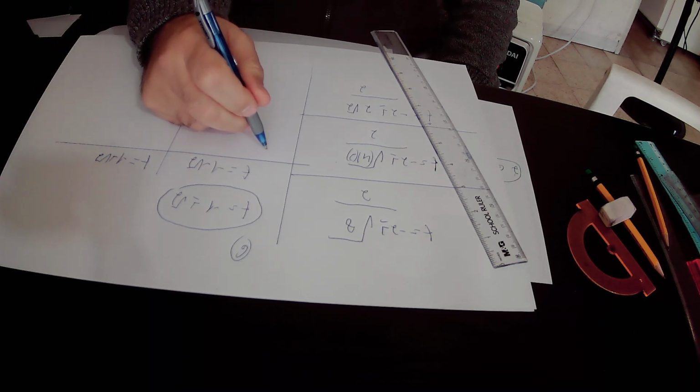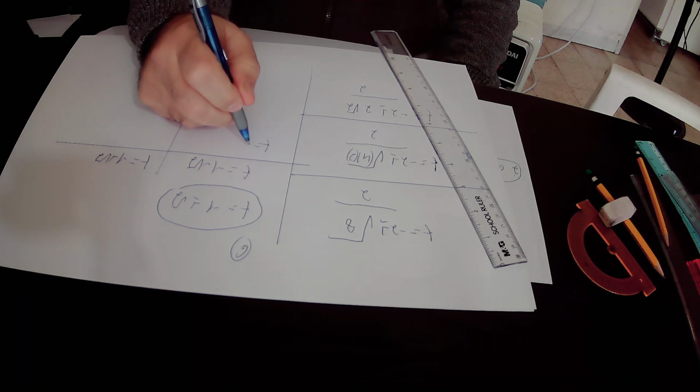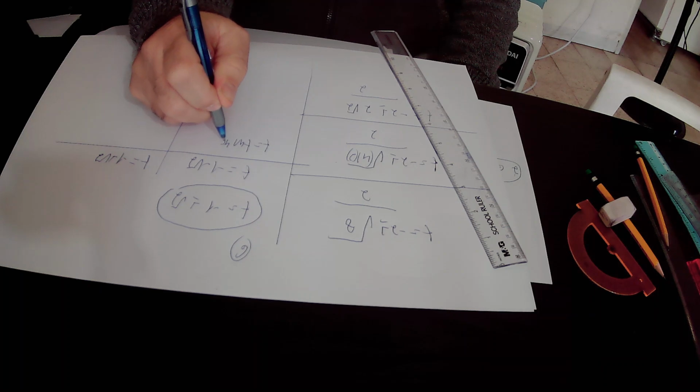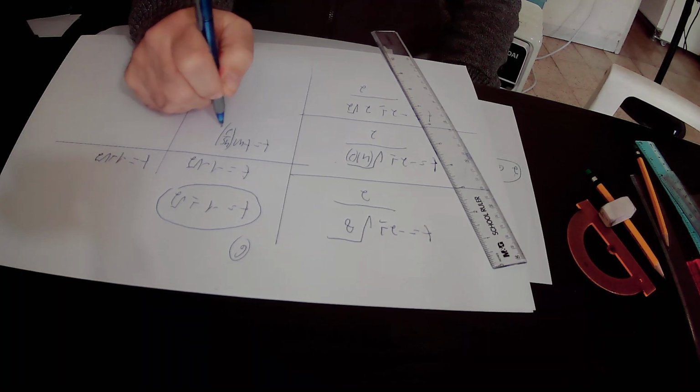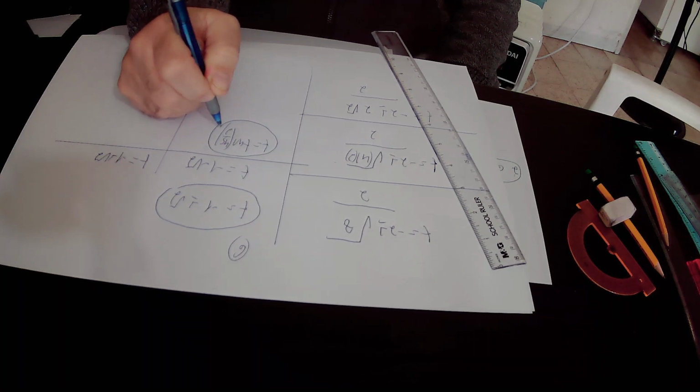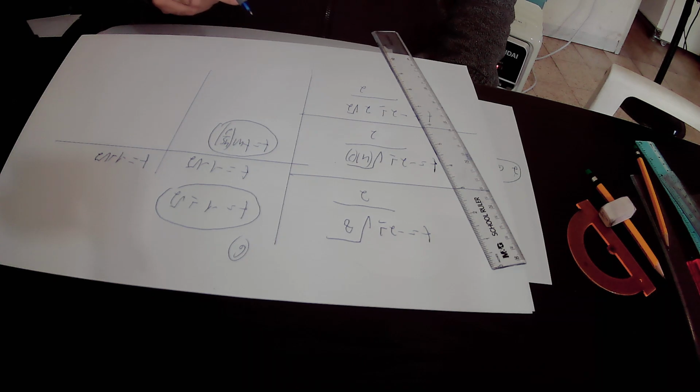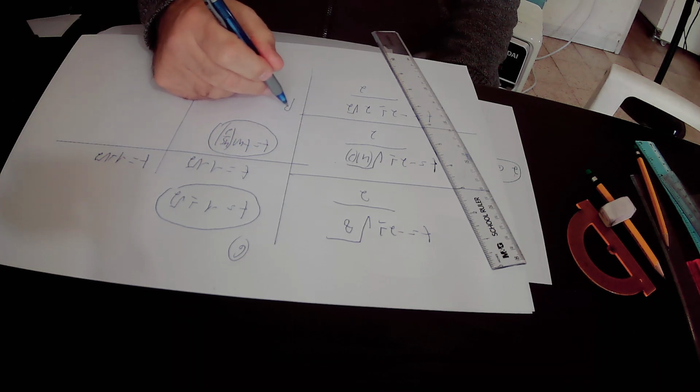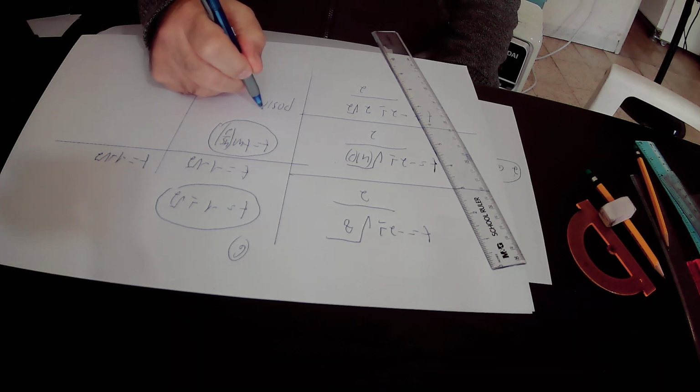According to our definition, t equals tangent 45 over 2 degrees. But tangent 45 over 2 degrees is a positive number, so t is a positive number.